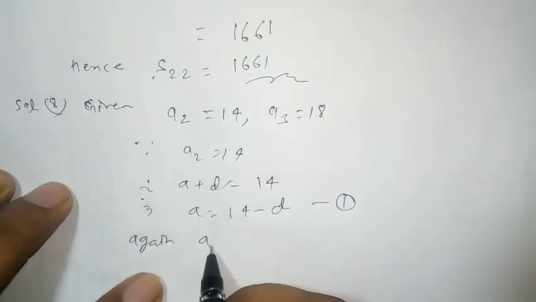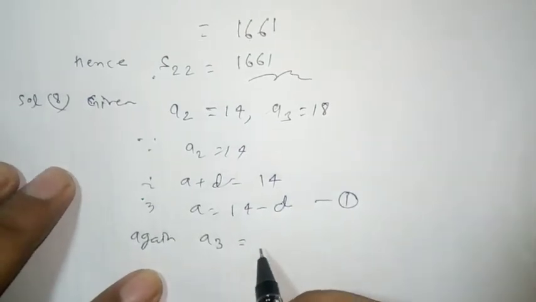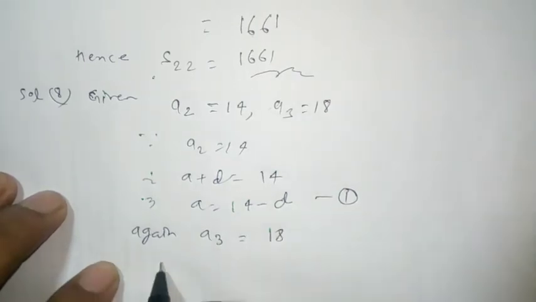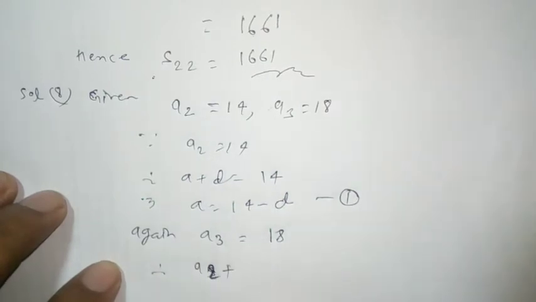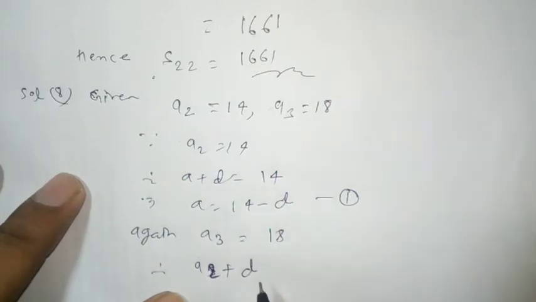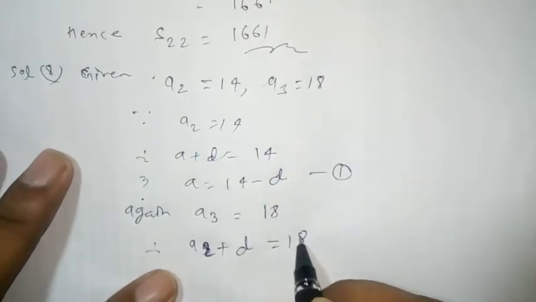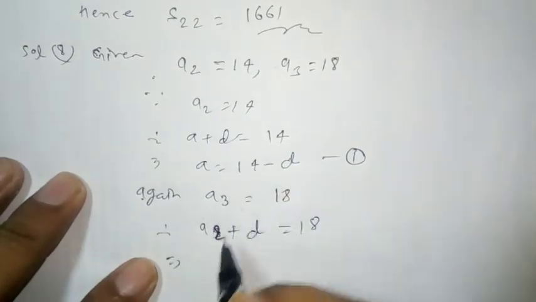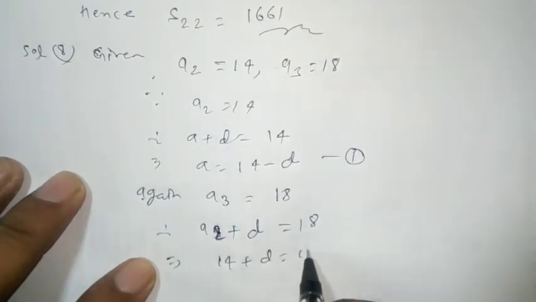Again, A3 is equal to 18. Therefore, A2 plus D is equal to 18, because A3 is equal to A2 plus D. Implies 14 plus D is equal to 18.